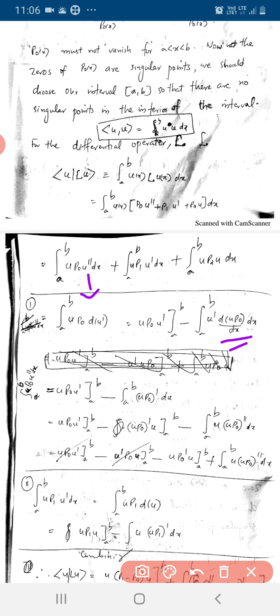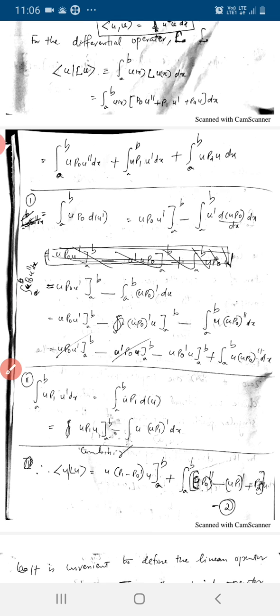We write this in this form, and certain terms get cancelled here. We are left with this minus u p0 prime u integral, limits a to b, integral a to b u p0 double prime dx.